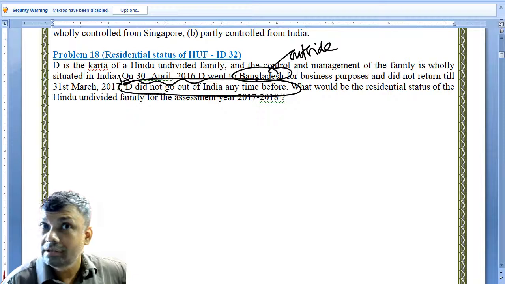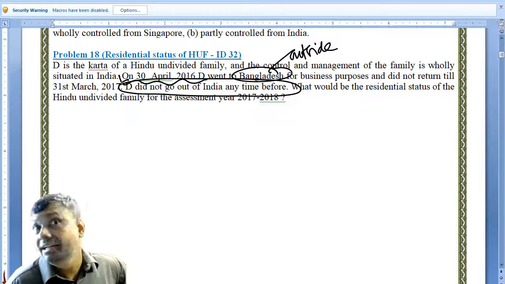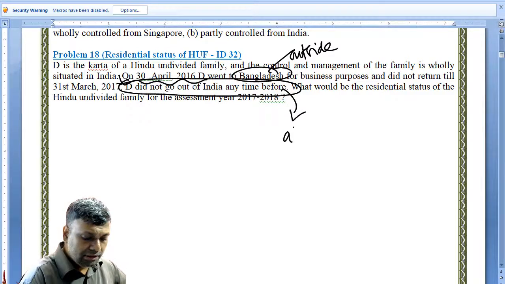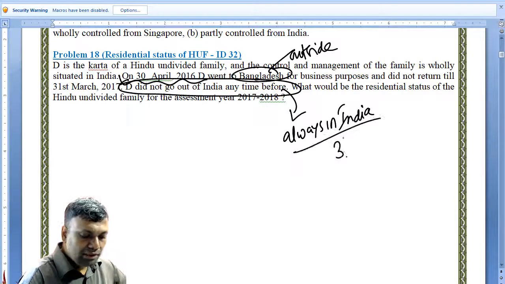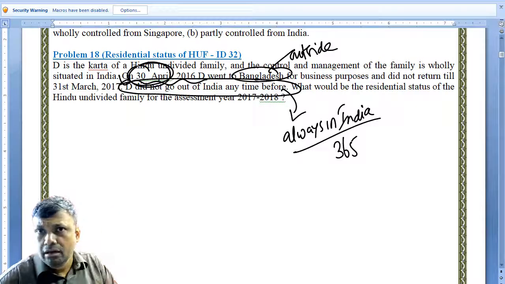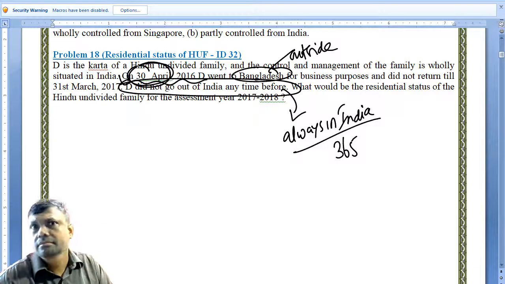He did not go outside India any time before this. Any time. That means before this date, he was always in India. So all the 365 days he was in India.